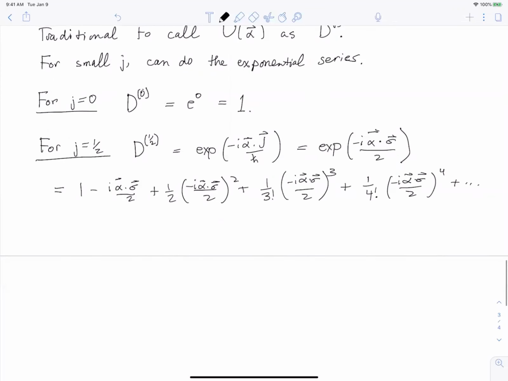So that looks hard, but now we can use the fact that we ended last time with: if we take alpha dot sigma over 2 and we square it, that's equal to the magnitude of alpha over 2 squared times the identity. So when I write 1 here, that's really the 2 by 2 identity matrix.